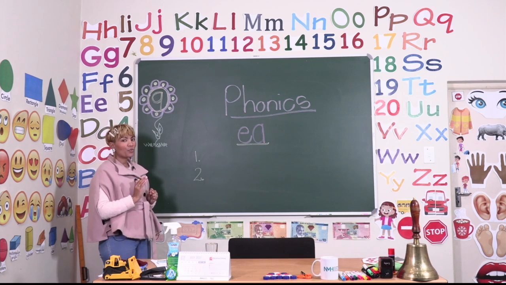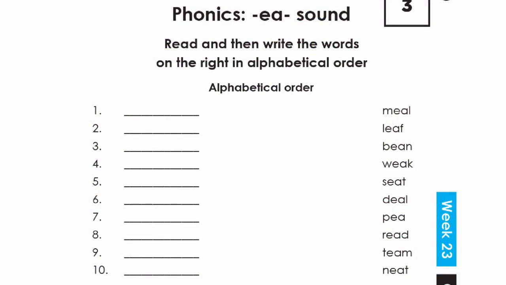Is there any word in the list that starts with the letter A? Oh no, I don't see any word starting with the letter A. Is there a word that starts with the letter B? Good job, everyone. Absolutely.